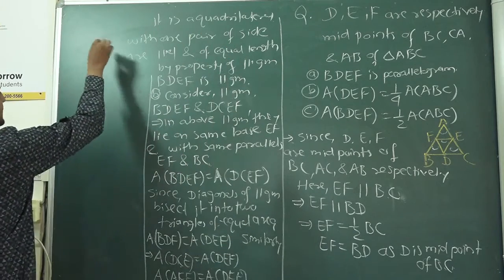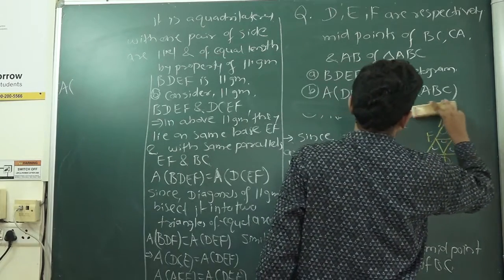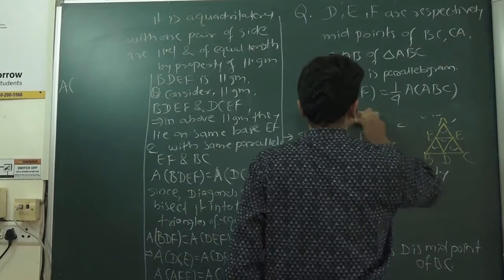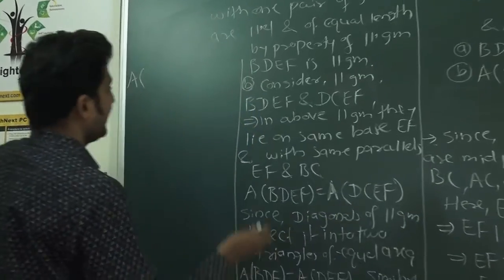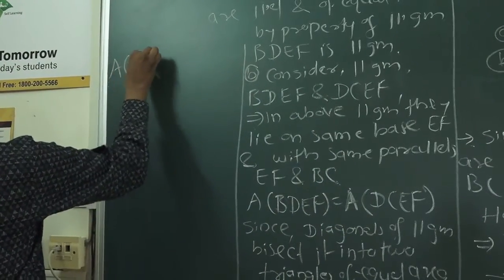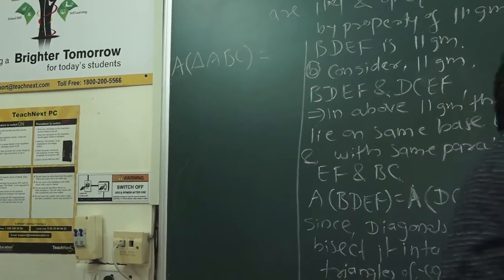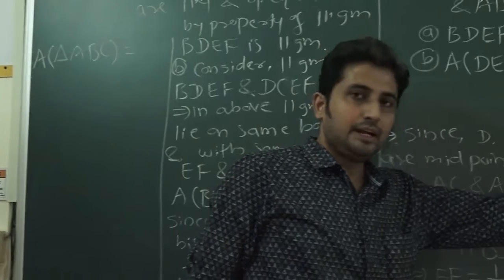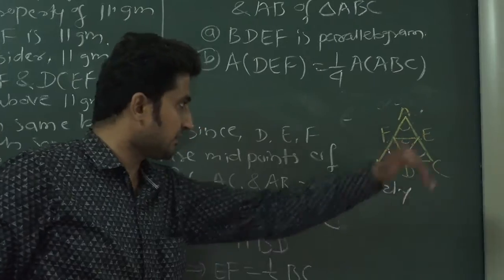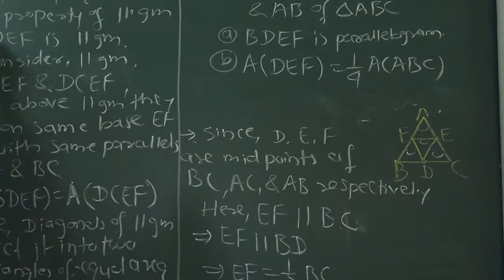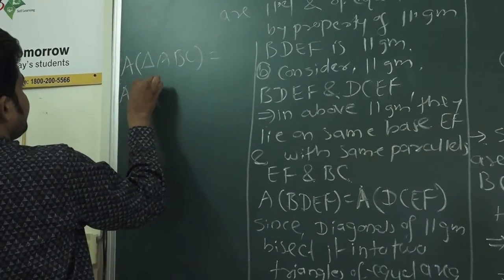Now, dear students, area of triangle ABC is what? I am talking about this triangle ABC. It is nothing but the composition of 1, 2, 3, 4 different triangles, right? Shall I call this as area of AFE?